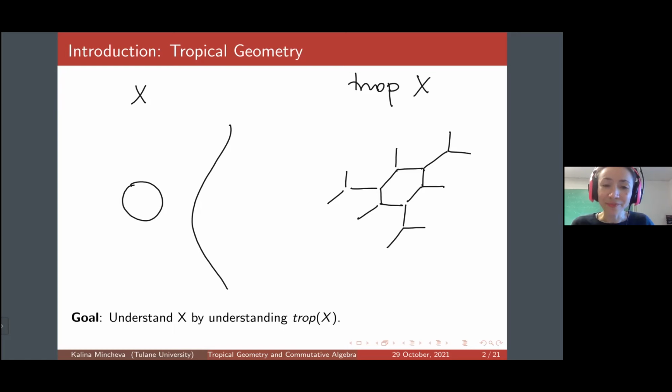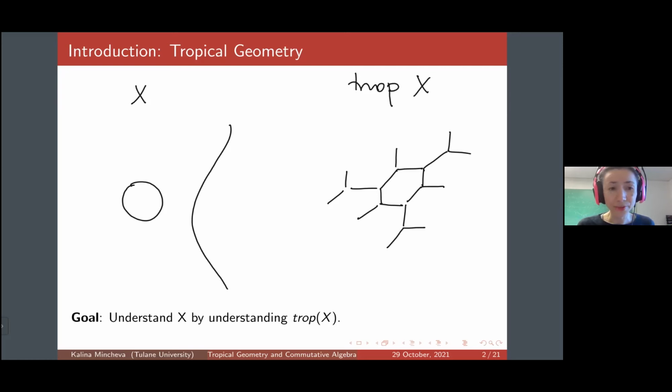So instead of studying algebraic objects, we study these combinatorial objects. And they're very nice combinatorial objects. There are many theorems about them. In particular, they're polyhedral complexes that are finite, pure dimensional, balanced, and so on.